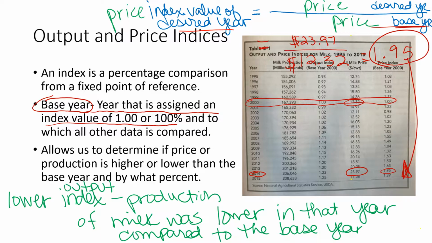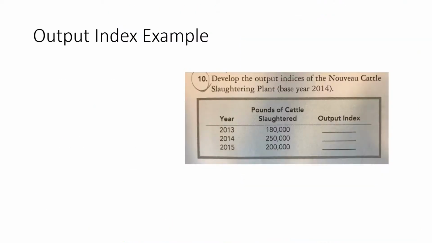Okay, so we're going to go on to the next slide here. We're going to do an example out of your textbook. So we are looking for the output indices of this slaughtering plant, and our base year is 2014. So again, output usually refers to production. In this case, it is pounds of cattle.